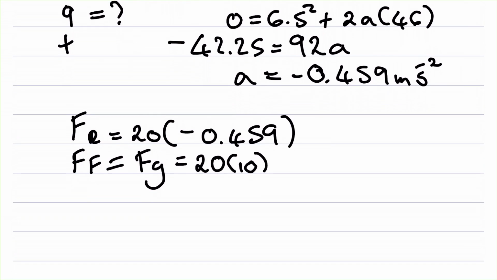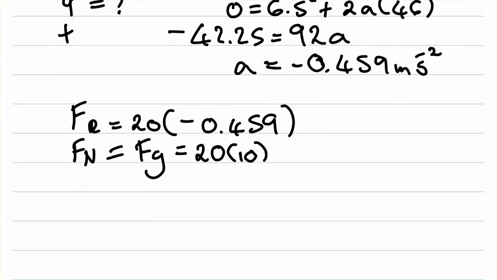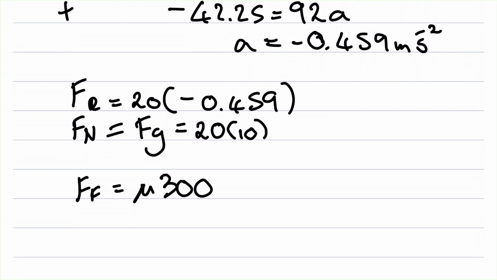Sorry, not frictional force, my normal contact force. So that's 300. And so frictional force is equal to coefficient of friction multiplied by 300, because remember, frictional force is coefficient of friction times normal force.